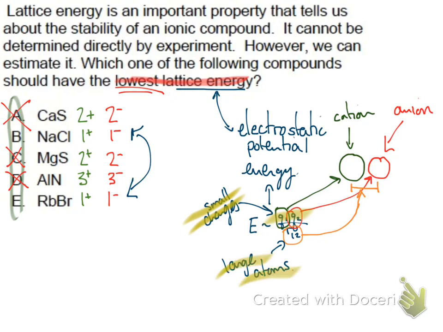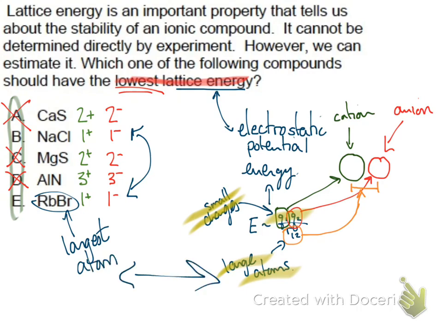All we need to do is decide between sodium chloride and rubidium bromide which one has larger atoms. And hopefully you can tell that here we have larger atoms, in fact the largest atoms given on this list. That agrees with the idea that we need large atoms, and that ends up being our correct answer.